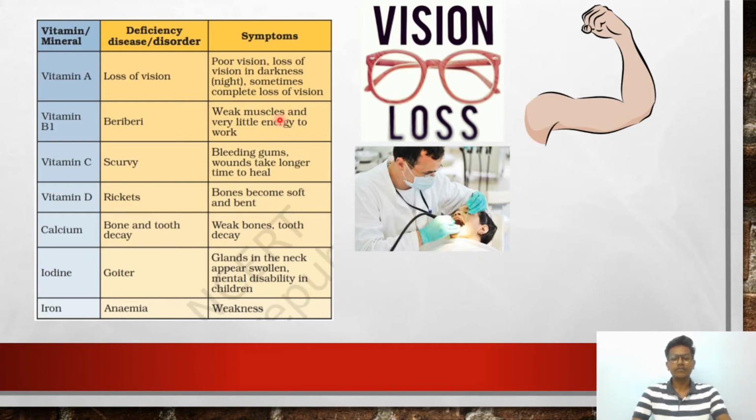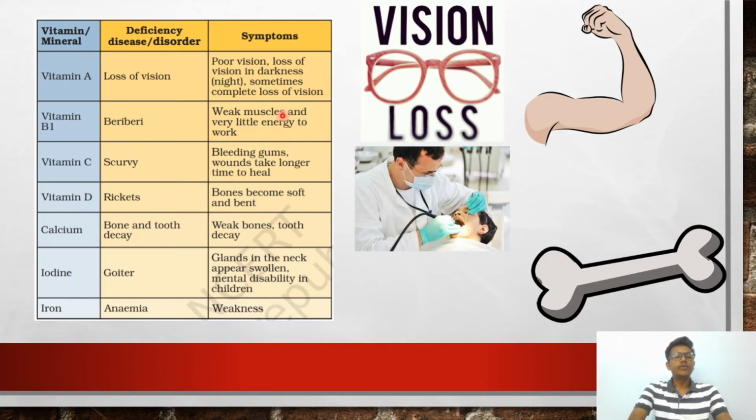Bones become softer and bend. If we do not have vitamin D in our body in sufficient amount, then our bones can become soft. If we are not having calcium in a proper amount, bone and tooth can decay. The symptoms are weak bones and tooth decay.